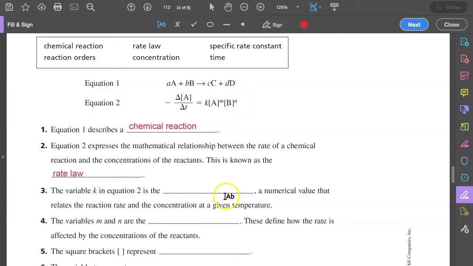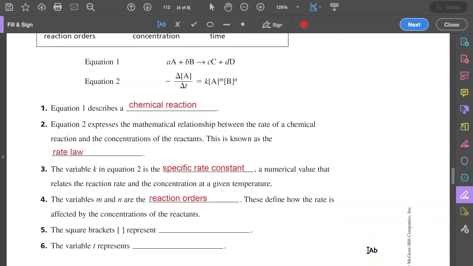The variable K in equation 2 is the specific rate constant. It's the numerical value that relates the reaction rate and the concentrations at a given temperature. So as long as you keep that temperature constant, that K value will remain the same. The variables M and N are the reaction orders. These define how the rate is affected by the concentrations of the reactants.